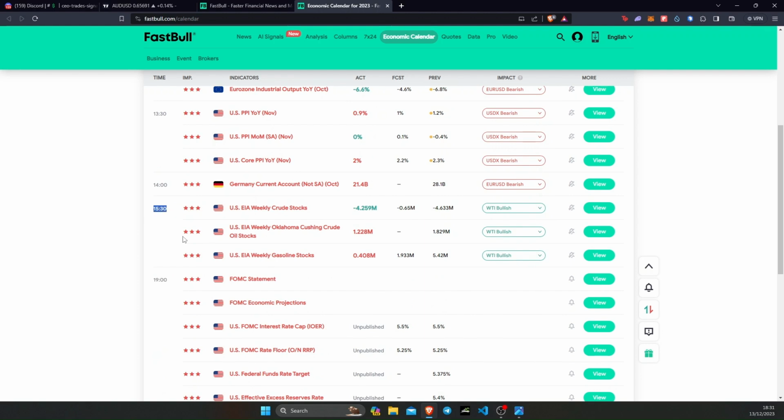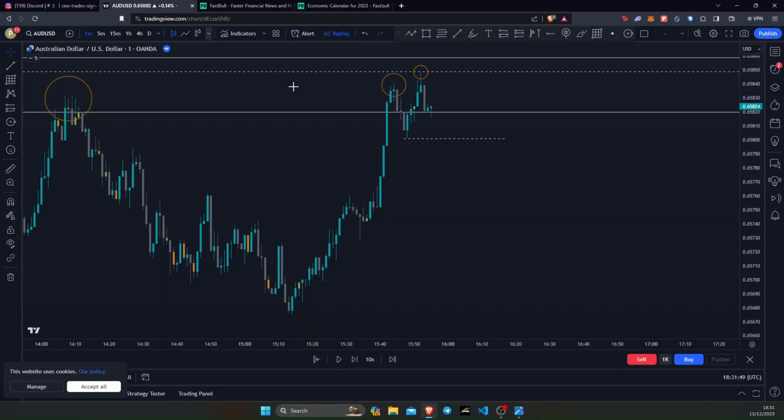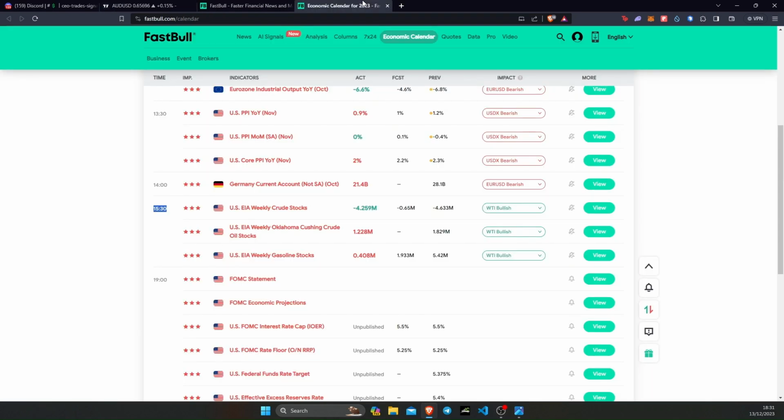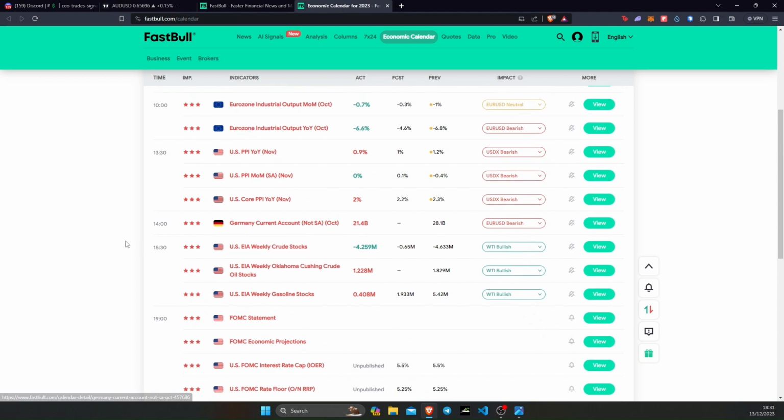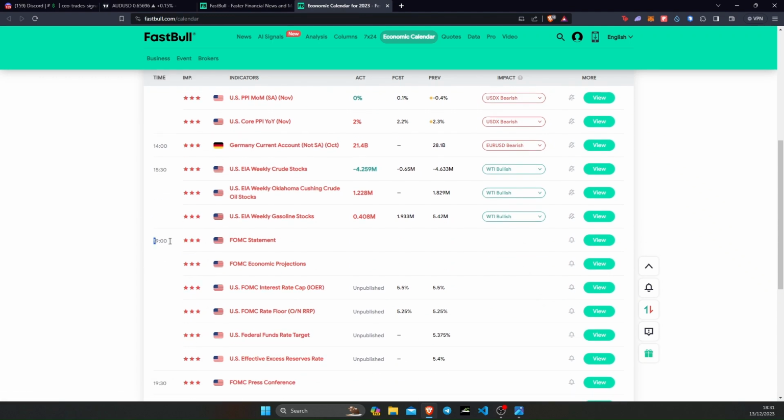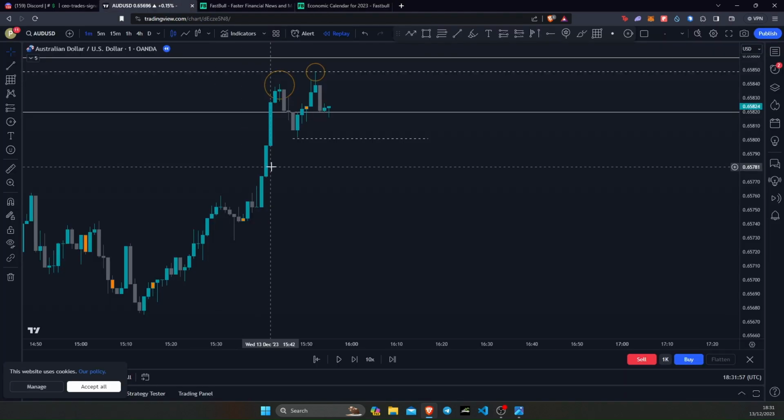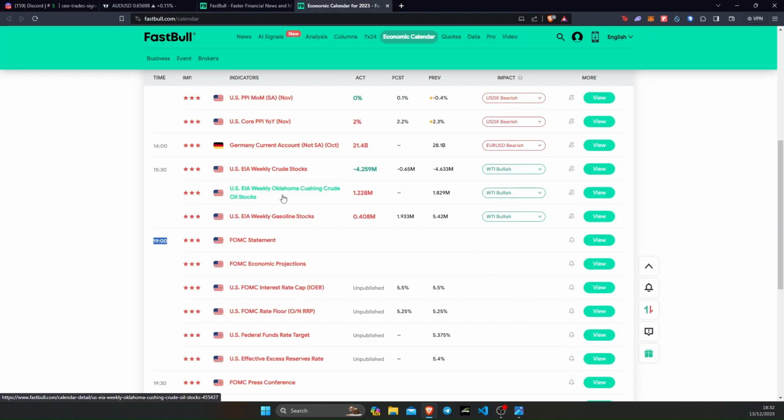At 3:30, we had crude stocks, we had the weekly gasoline stocks. All of this causes price to move very erratically. So because of this, I had to make sure I knew when the news was coming out so that my analysis could also counter that in. And if I am in any trades, I make sure that I break even or get out of the trade before the news event occurs, to make sure that I don't get caught in between these news events happening.